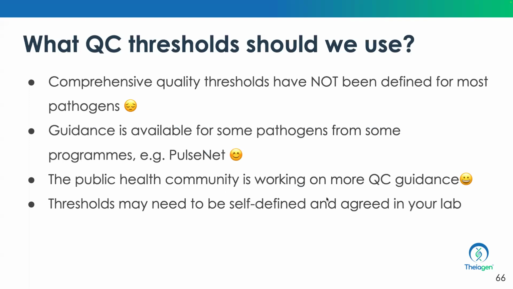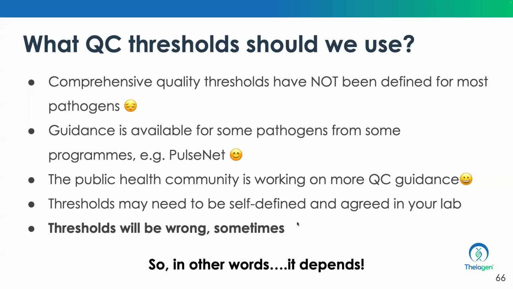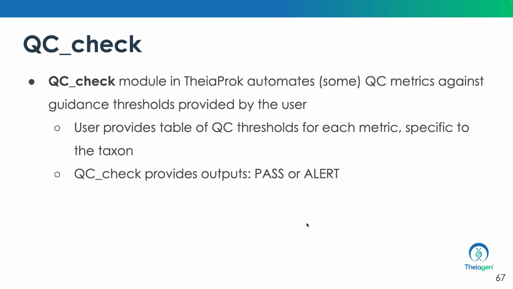But then some will have to be self-defined or agreed in your lab. But then thresholds can also be wrong sometimes. So in other words, it depends. But just a reminder that these have to be based on reasonable biological understanding as well as technical expectations for that pathogen, as well as for the sequencing technique or technology that you used.